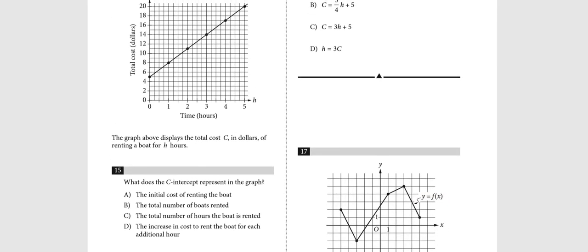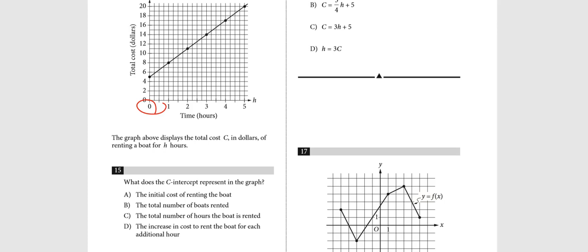What does the y-intercept represent in the graph? The y-intercept. So obviously we've got 0 hours rented. So I've rented this boat for 0 hours and I'm still getting charged $5.